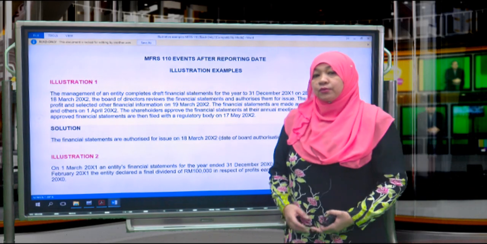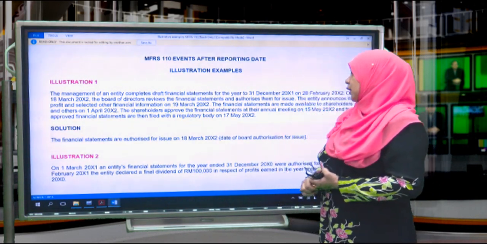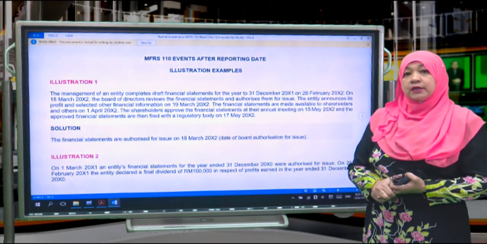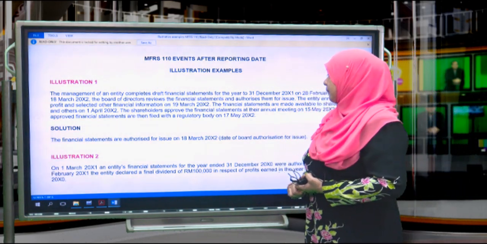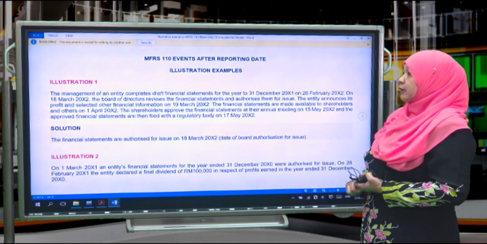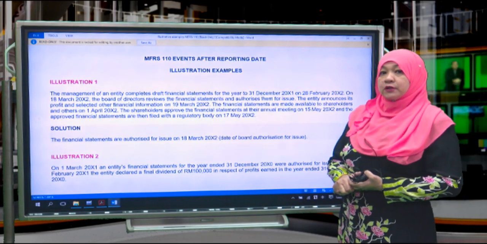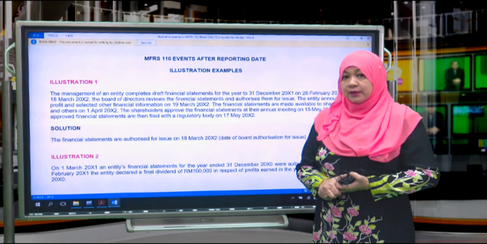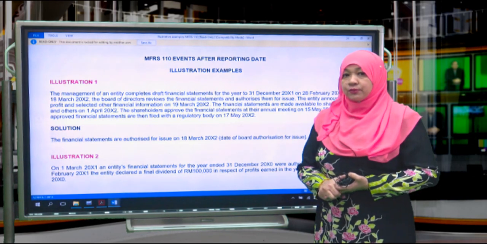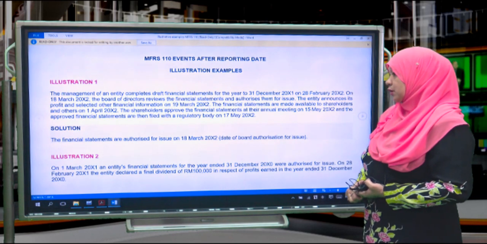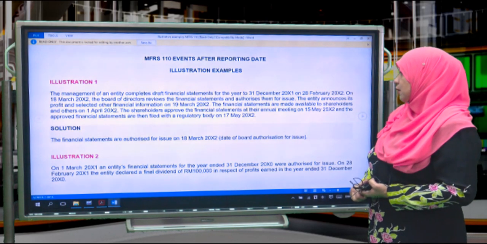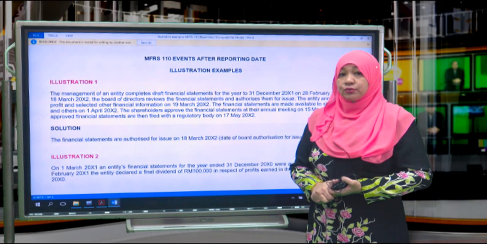At which point is the date of the issuance of the financial statements? If you recall, even though the financial statements are prepared for the year ended 31st December 2001, the directors only authorized them for issue on 18 March 2002.